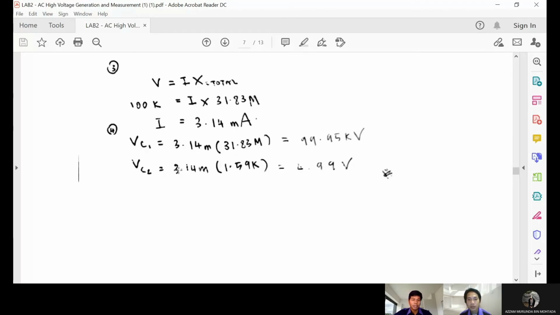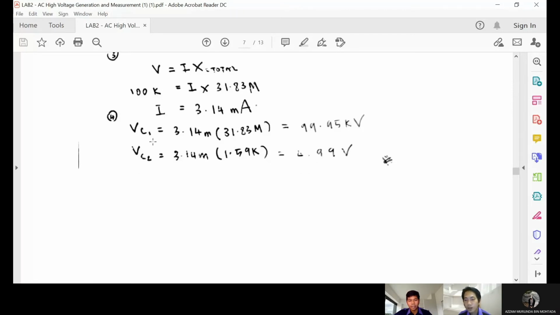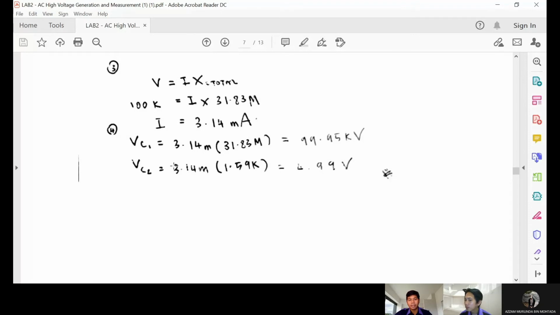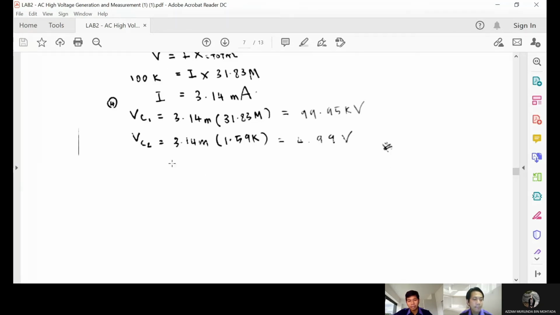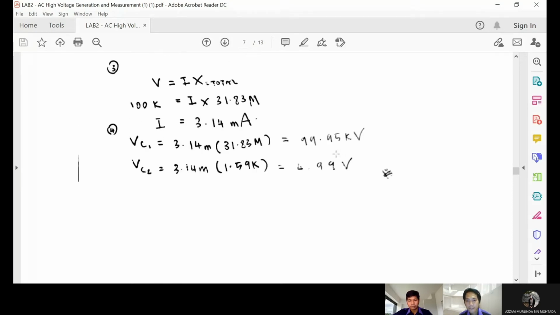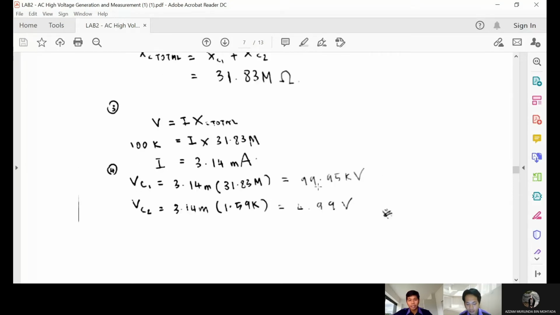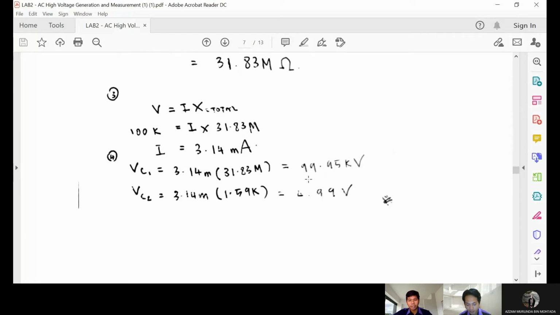Then they have two different voltages for the high voltage level and low voltage level, which is VC1 equal to 99.95 kilovolt and VC2 equal to 4.99 volt, which shows the result for the two different values.